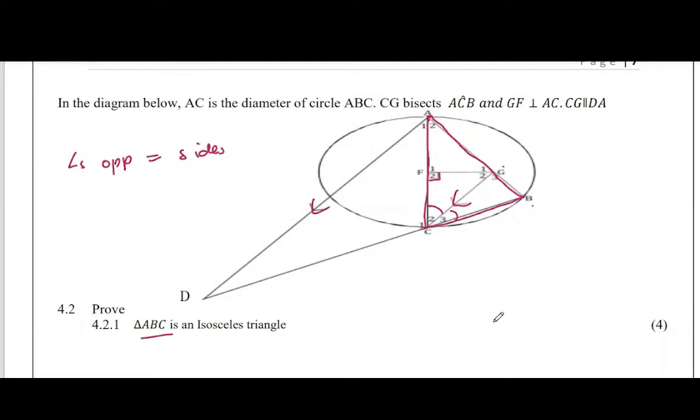Okay, so how do we prove that ABC is isosceles? What do we know from what has been given? There's a diameter, some things are bisecting, and so on and so forth. Do we have any parallel lines? Yes, we have parallel lines. So how do we make use of the parallel lines?